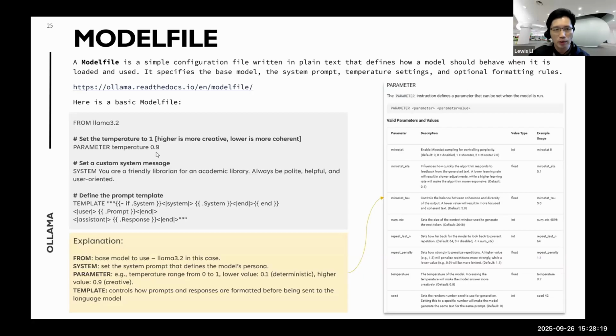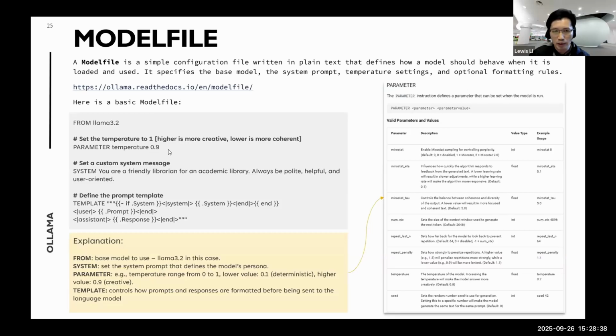The temperature value controls the behavior of the model. The lower the value, the more conservative or deterministic the model is. The higher the number, for example equal to 1, the more creative the answer will be.